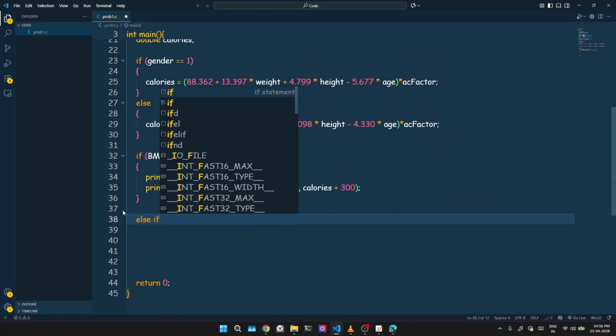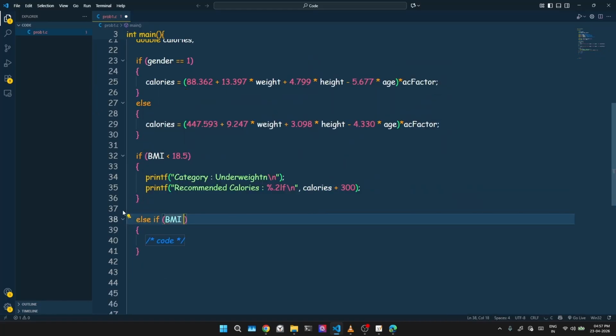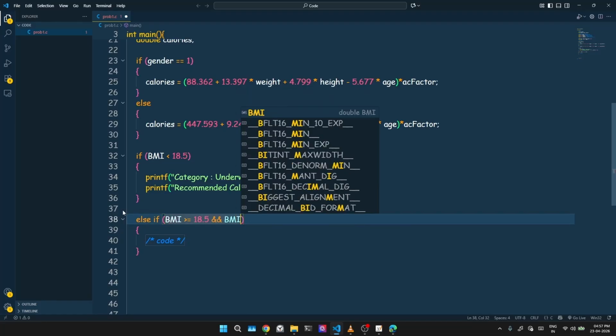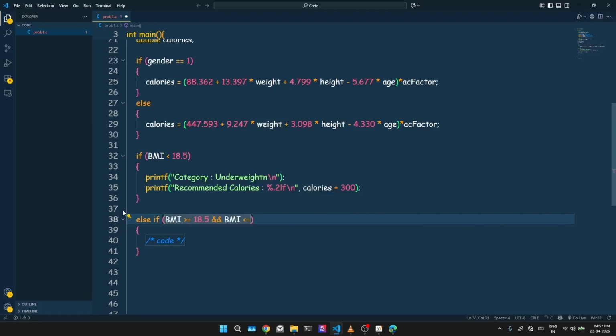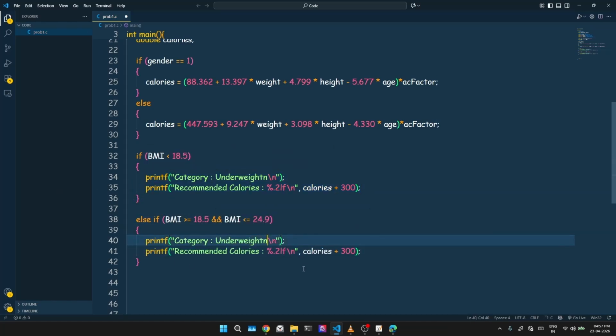Now else if BMI is greater than or equal to 18.5 and BMI is less than or equal to 24.9, then the category is normal, and we won't add any extra calories, the calories are as they are that the user takes.